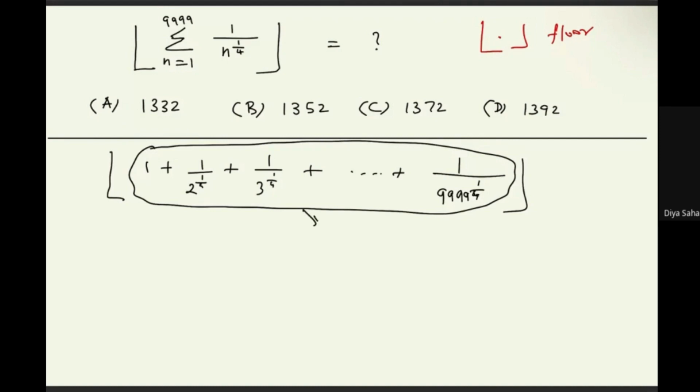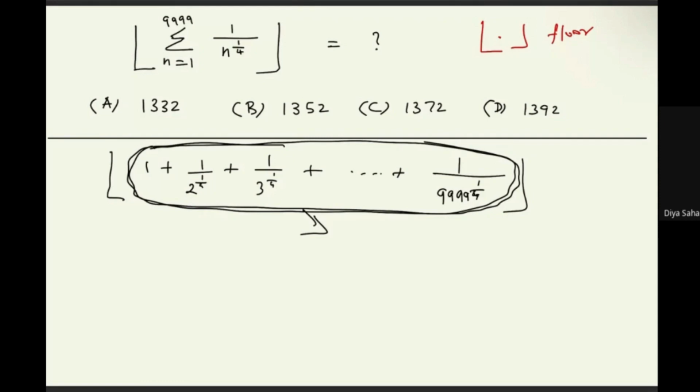If you try to find the value and then find the greatest integer, it's not going to work, because finding this sum is not easy in general. We don't really need this sum. What we need is the greatest integer of that. In a way, we want some approximate value, not the exact value.